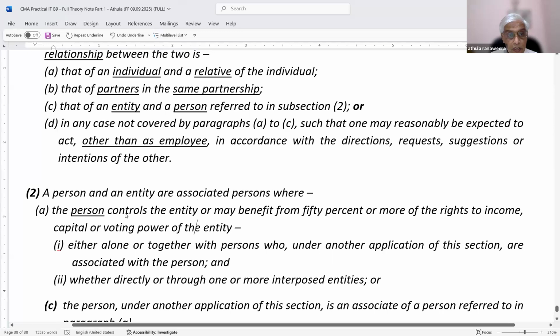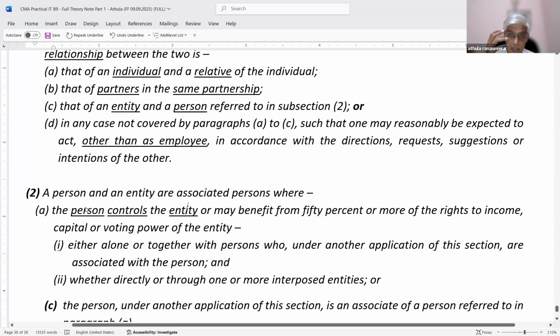This particular person is controlling an entity. Only 3 categories are there in entity, individuals are not there. But in persons, the individuals are also there. This person may be a director or may be another holding company. This may be a holding company even, which controls the subsidiary company.